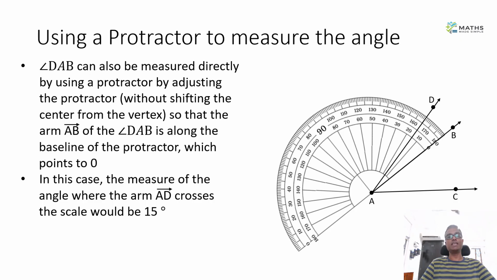So we would be using the inner scale here, and what we need to do is simply measure the angle where the arm AD crosses the scale, and that is 15 degrees. So angle DAB is equal to 15 degrees.